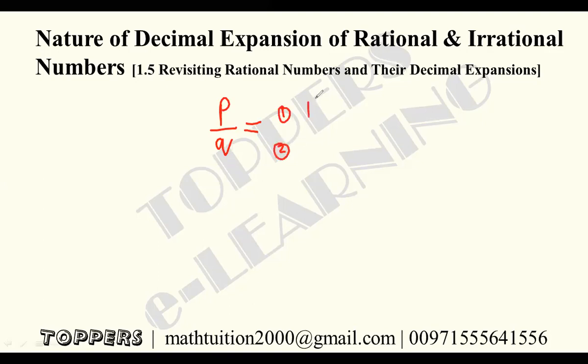First one is terminating decimal expansion. It means the decimal expansion will stop after some numbers, can be 1, 2, 3, then stopped. So its decimal part is terminating, stopping, ending.